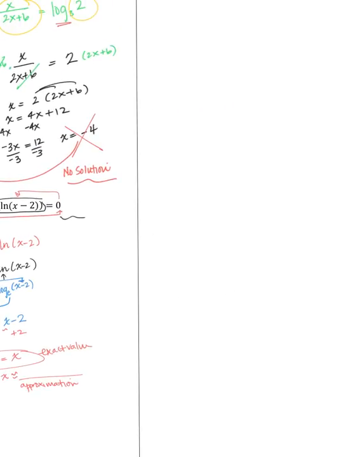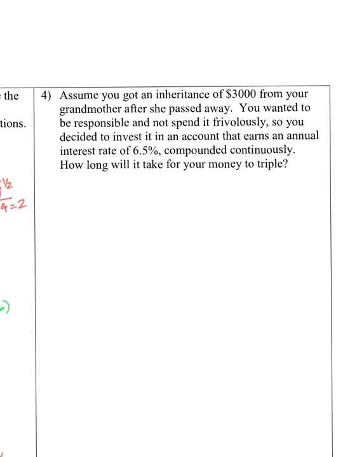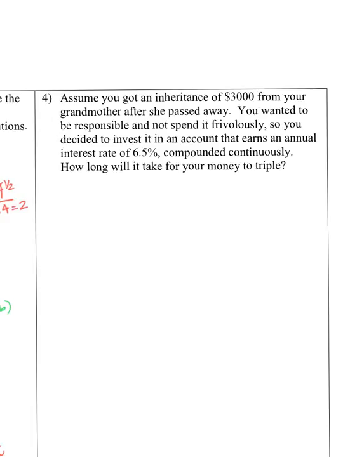Okay, so we're going to look at the last problem, which we might do together during one of our class lectures, but we'll try this together here. It says, assume that you got an inheritance of $3,000 from your grandmother after she passed away. You want to be responsible and not spend it frivolously, so you decide to invest it in an account that earns an interest rate of 6.5%, which, by the way, is 0.065 as a decimal.